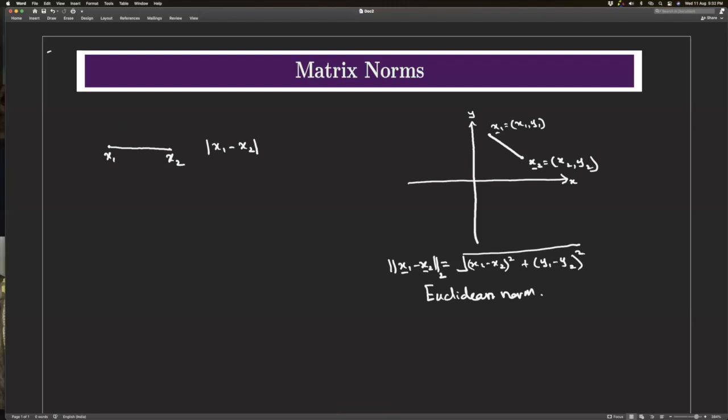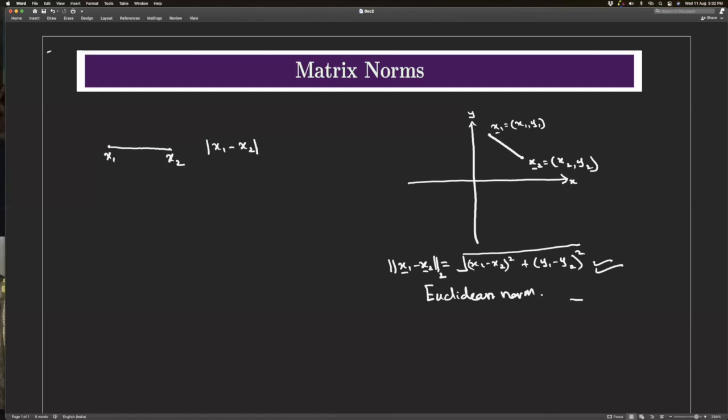Now, we would like to generalize this notion of distance. The question is, why do we need to generalize this notion when we have this simple formula, which is also physically realistic? The reason is, if we need to work with only objects in Rn, then the Euclidean norm is suitable and also enough.